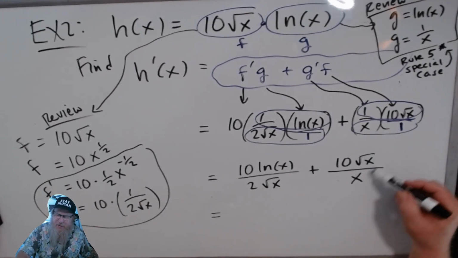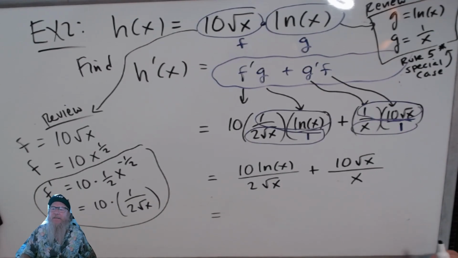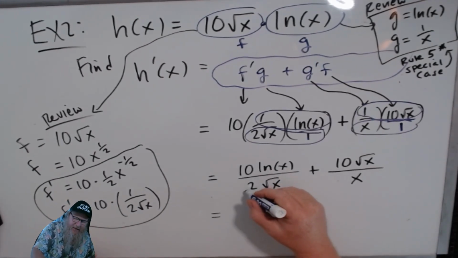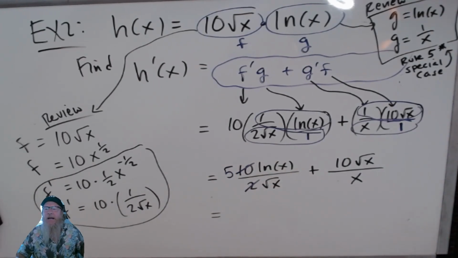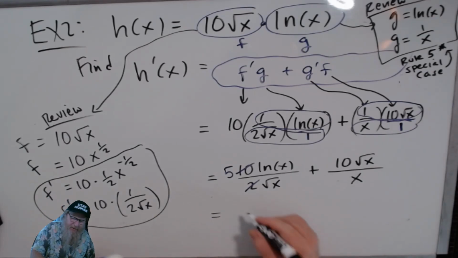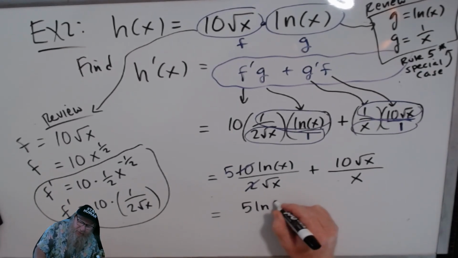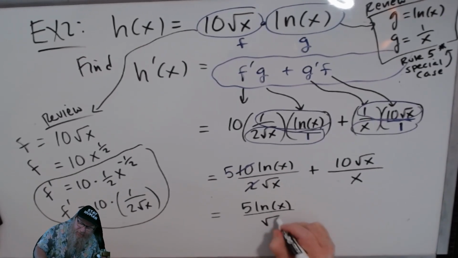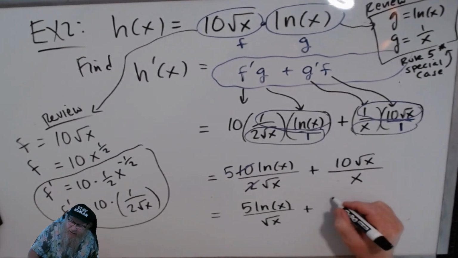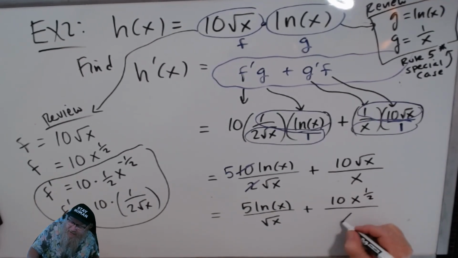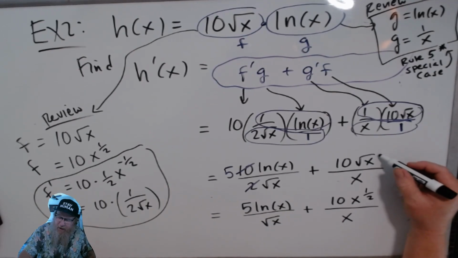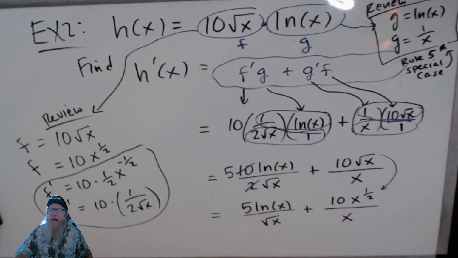All right, this is interesting here. I want to simplify this as much as possible. Here's an easy simplification. 2 goes into 10 5 times. I really could have done that a few minutes ago. I was just waiting until now. But here's a not so obvious simplification. Maybe not so obvious that you can combine these x's by rewriting the square root as a 1/2.